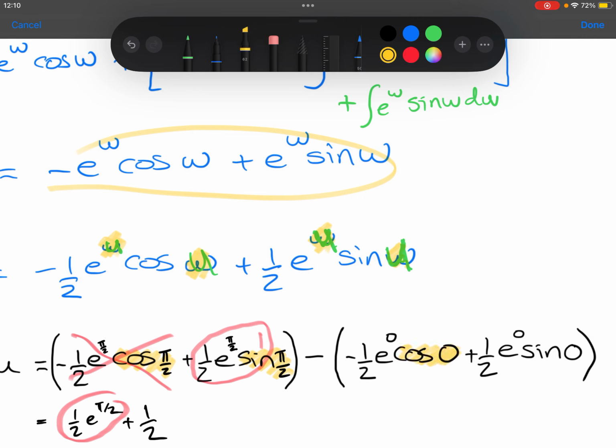The cos 0 here is 1. So that gives me minus a half times 1 times 1, which is minus a half, which when combined together with the negative here, the minus minus a half, will become a plus 1/2. So that's where that there comes from.